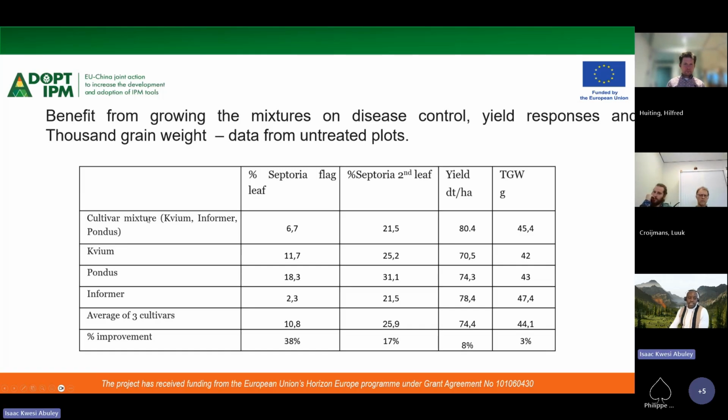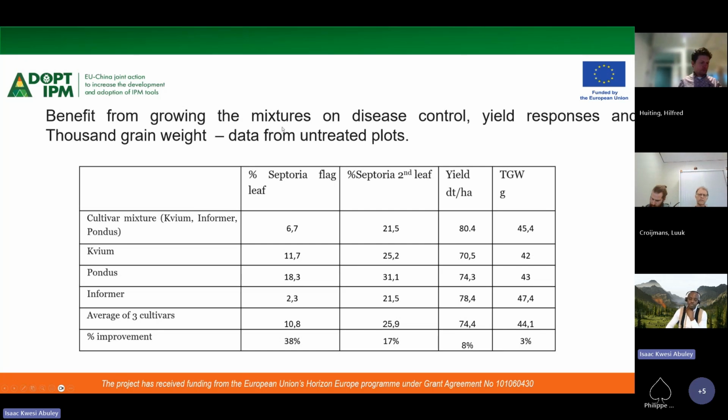If you look at the mixtures of Quium, Informa, and Pondus, and compare them to the pure stands of the individual varieties, we see an average of 38% disease improvement on the flag leaf, and 70% improvement on the second leaf. When it comes to yield, we see an 8% yield gain, and a 3% gain in 1,000 grain weight, regarding the overall performance of mixtures only from untreated plots.